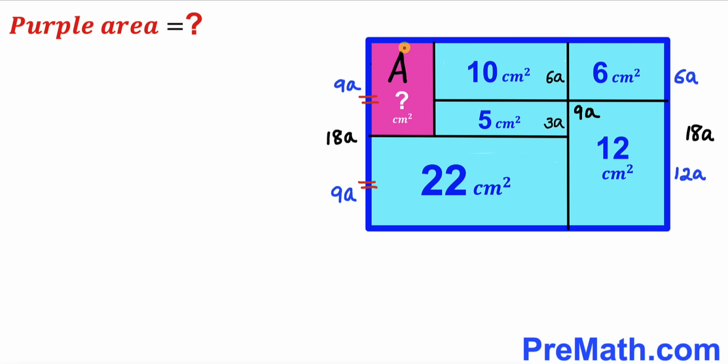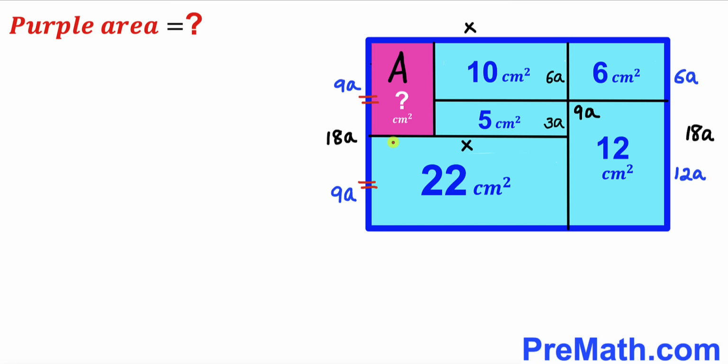Now we are going to focus on this rectangle that consists of these three individual rectangles: this purple shaded one, this one, and this one. If I label this side of this rectangle as x, then this side is going to be x as well.